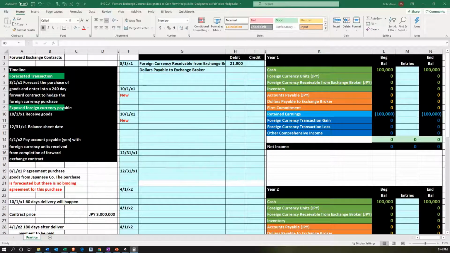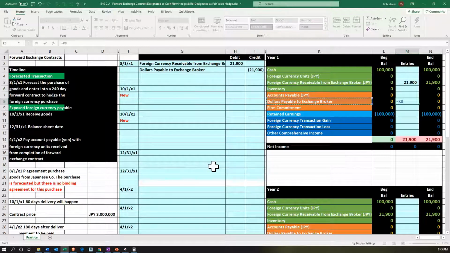There we have the 21.9, so we'll pick that up on the debit and on the credit side. Let's do that one more time. Here is the receivable, equal to the 21,900. And then we have the payable, which is on the liability side, a liability at the 21.9.